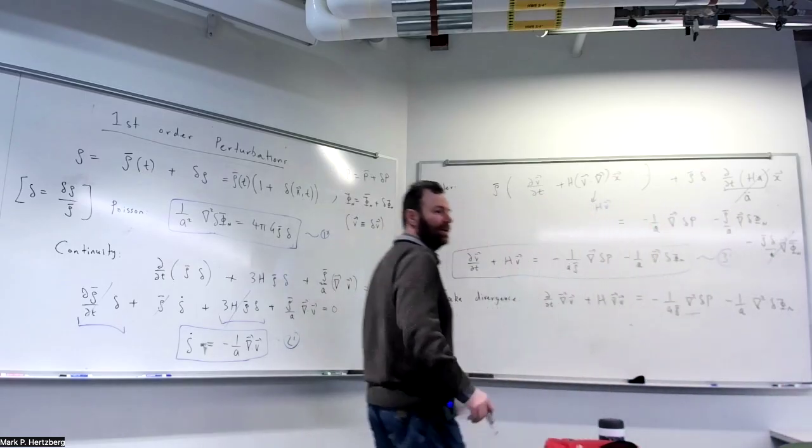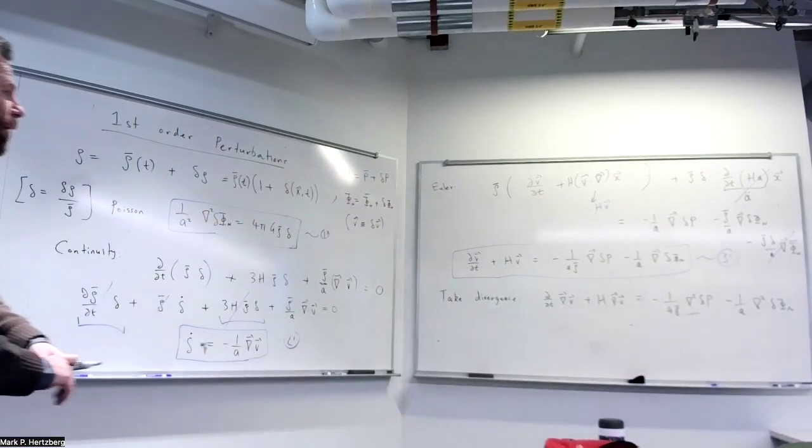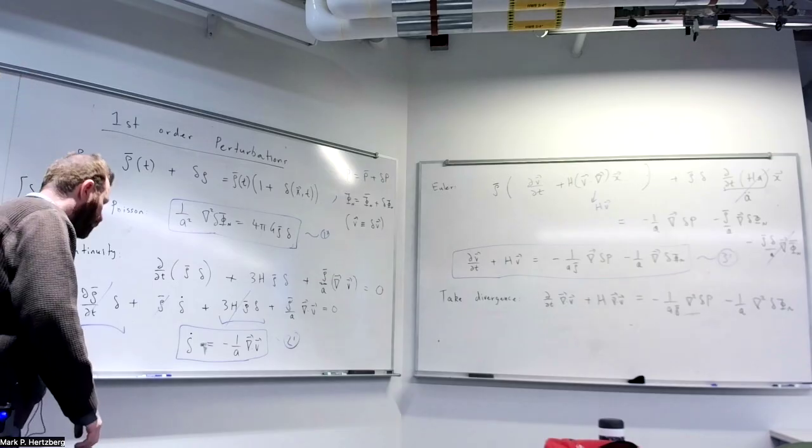Okay, and now it's all set up to be simplified. I don't think I'll write out every step on the board, but you can probably see what's going to happen.